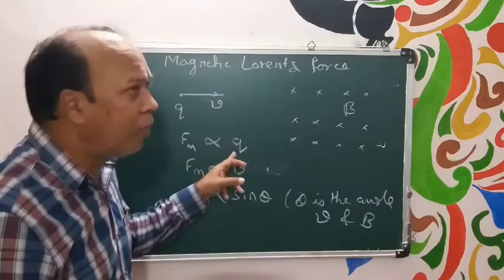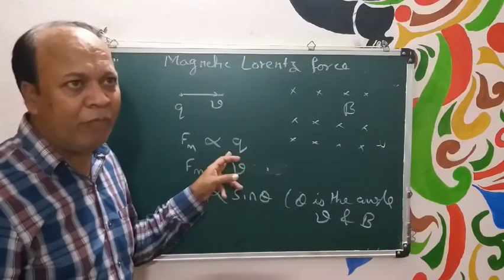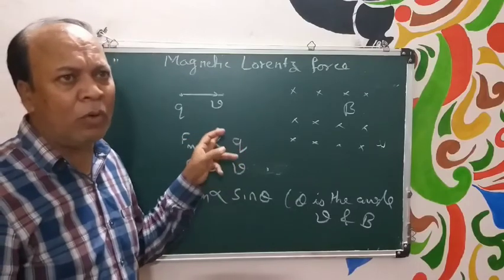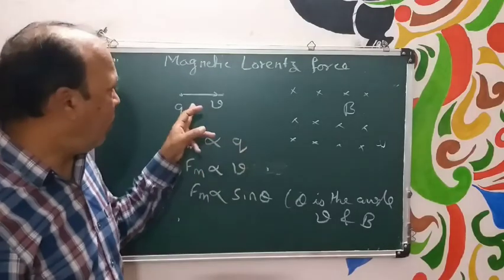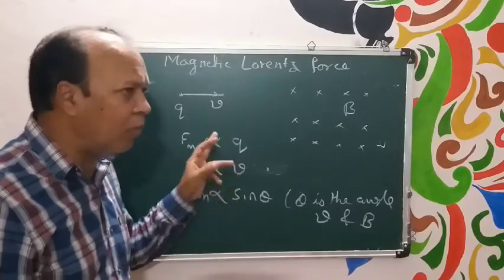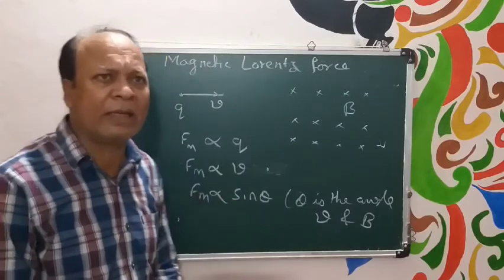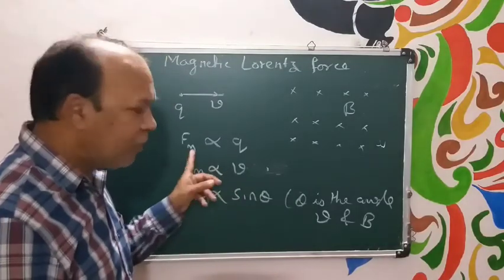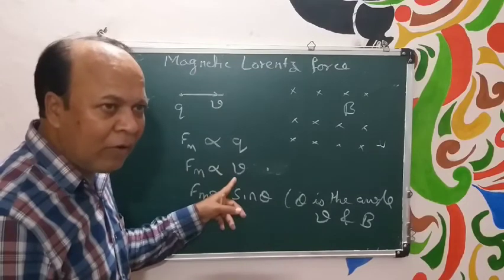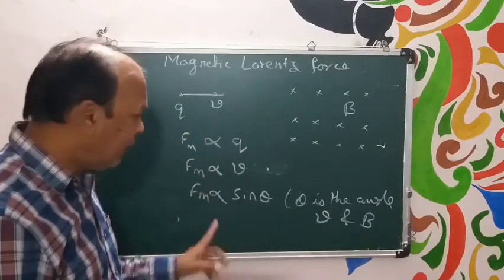The magnitude of charge helps in determining the current. If the value of charge is more, more current will flow, so obviously the force will be more. And if velocity is more, the rate of flow of charge crossing any cross section will be faster. So again, increase in velocity means current will increase, so again the magnetic force should increase.